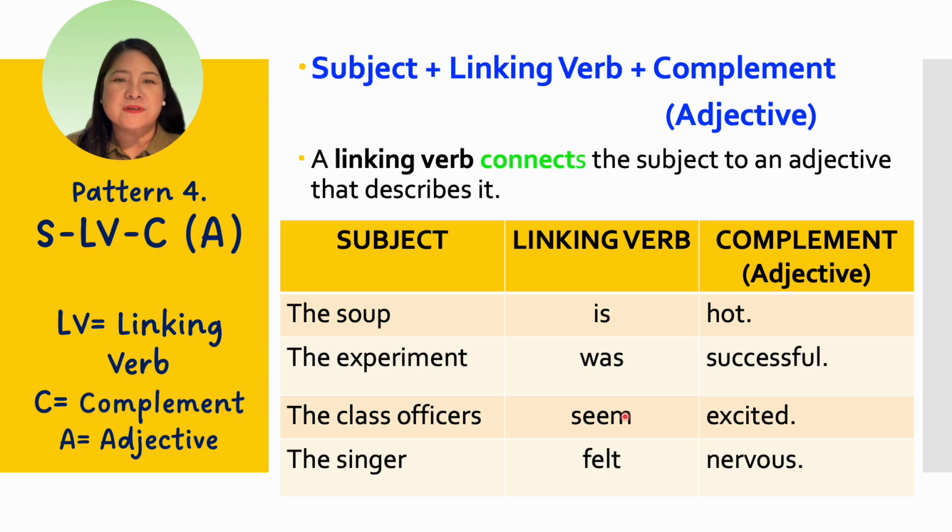The class officers seemed excited. The singer felt nervous. Notice that these complements are actually adjectives. They are all descriptive words or describing words. Later on, we're going to compare with a noun complement. Okay, take note: hot, successful, excited, nervous.